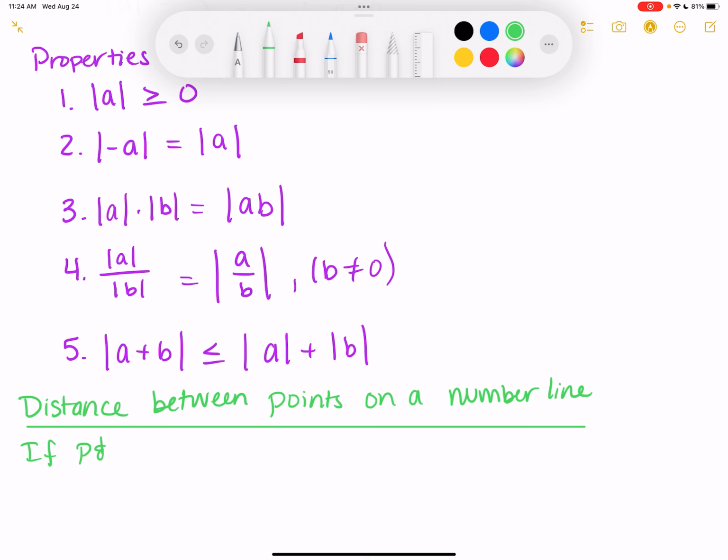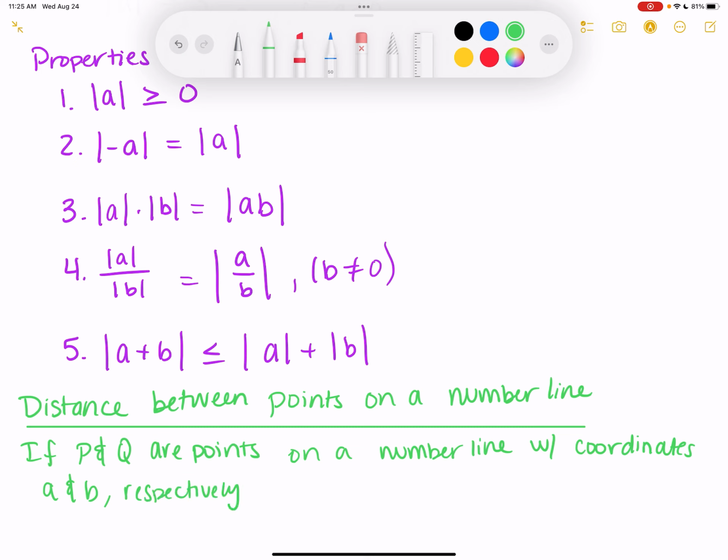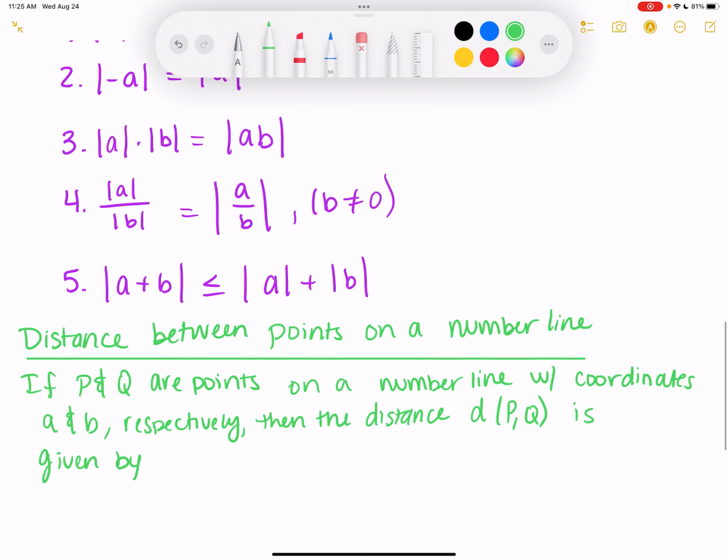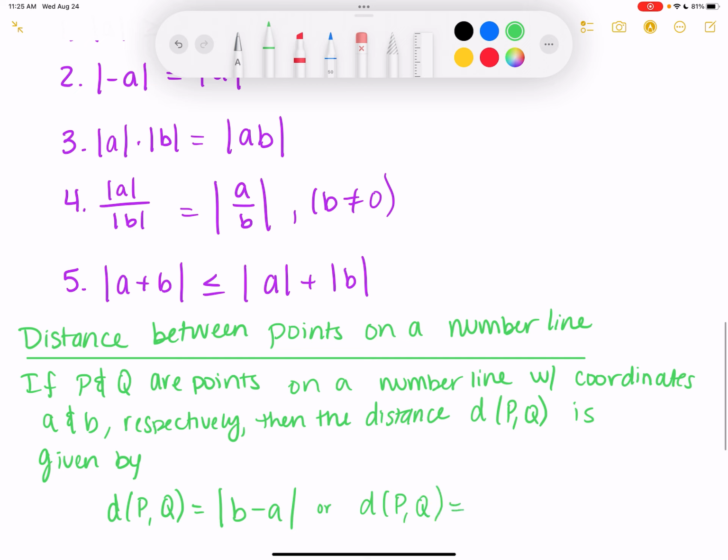If P and Q are points on a number line with coordinates A and B, respectively, then the distance d of P comma Q is given by d of P comma Q equals the absolute value of B minus A, or d of P comma Q is equal to the absolute value of A minus B.